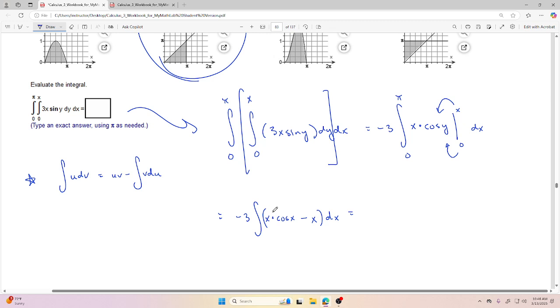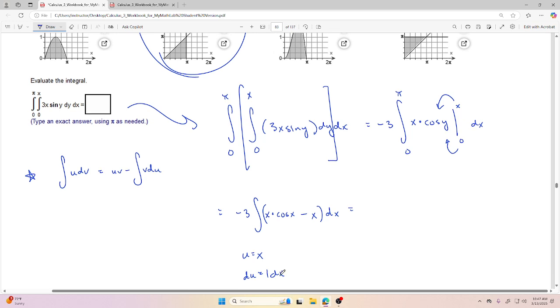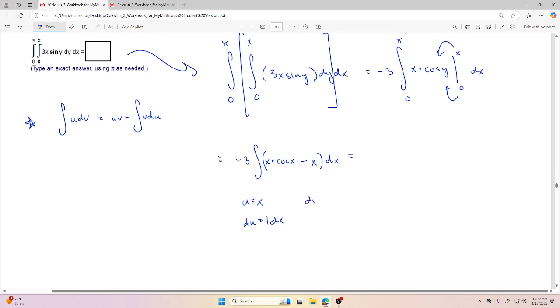I haven't done this in a while, okay? It's been a long time. So bear with me a bit. I think you want your u to be the easy one that's going to get rid of it, because then du just turns into a 1, right? I think that's how you're supposed to choose it. My dv, I'm going to say, is the cosine. So when I integrate that, it turns into a regular sine. Oops, this needs a dx.